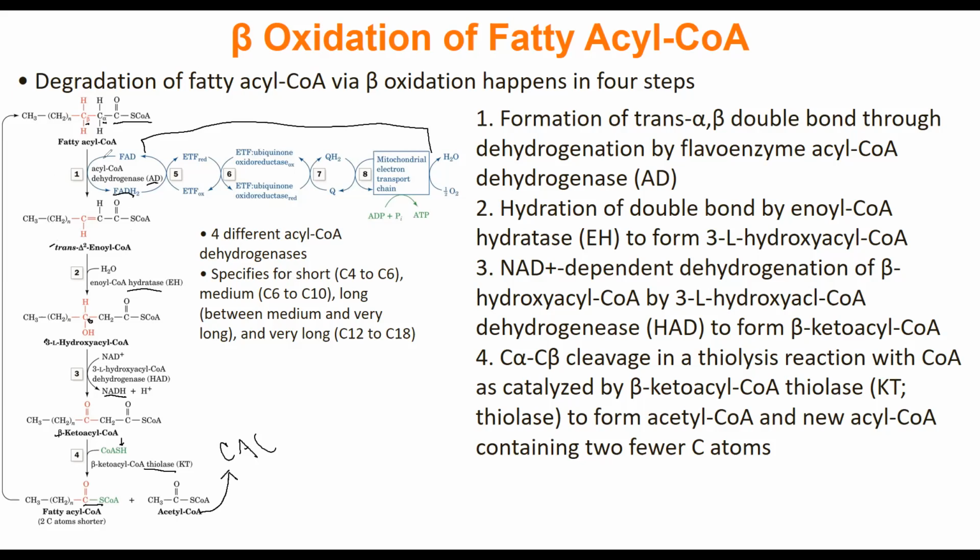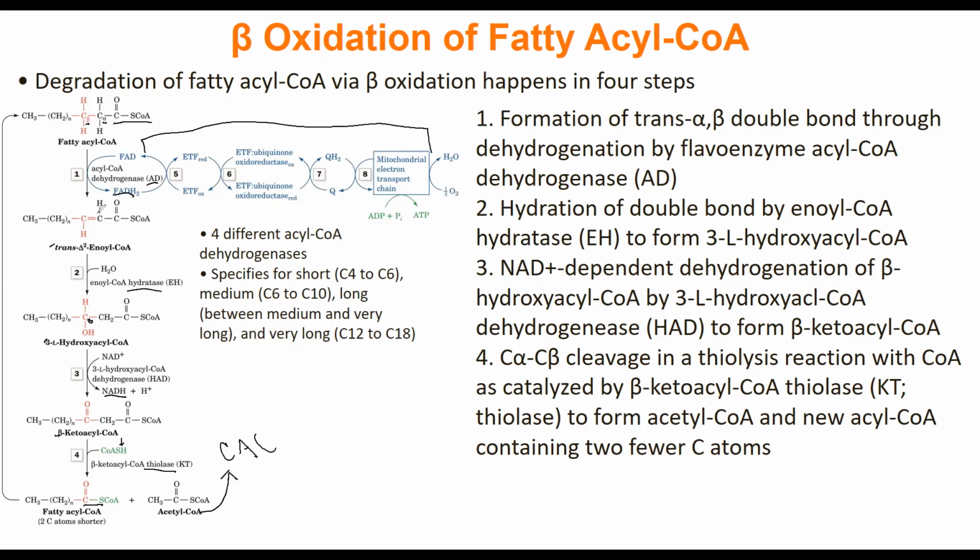The process is, we're always focusing on the alpha and beta carbons: double bond, OH, C double bond O, cut. Double bond, OH, C double bond O, cut, right? When trying to learn this, always keep in mind, we are trying to remake the compound at the very beginning of this process. We are always trying to make fatty acyl coenzyme A. That is the process here.